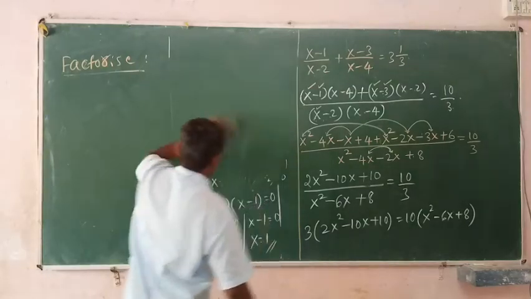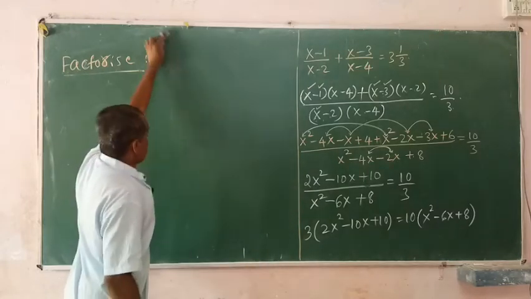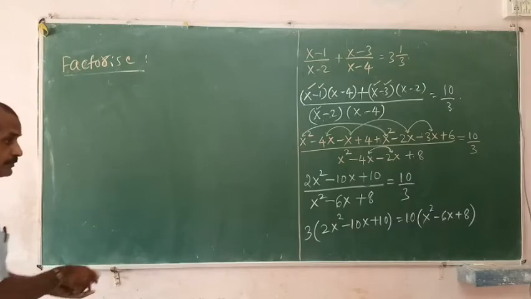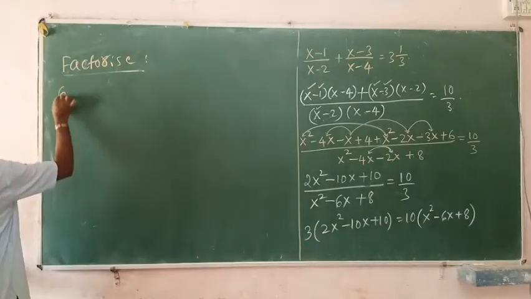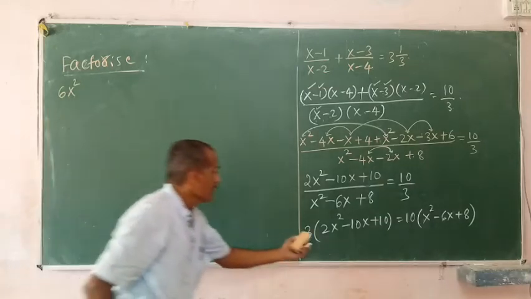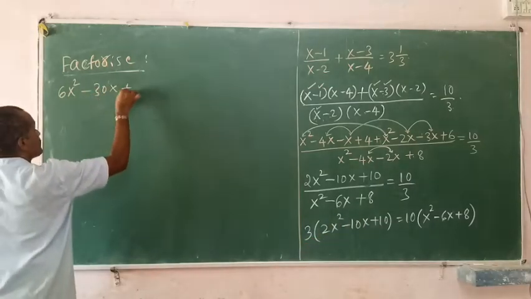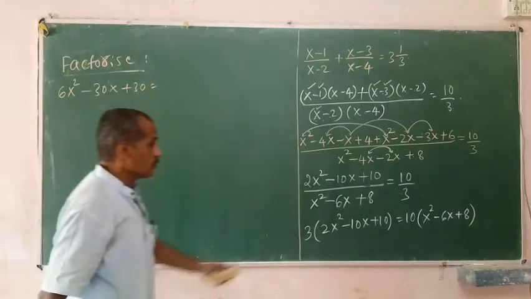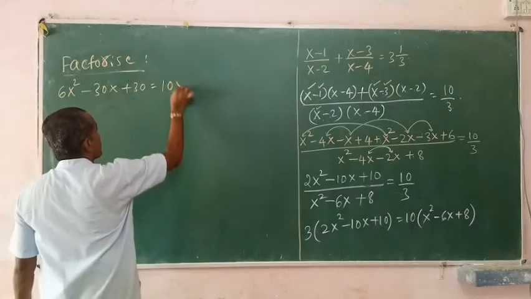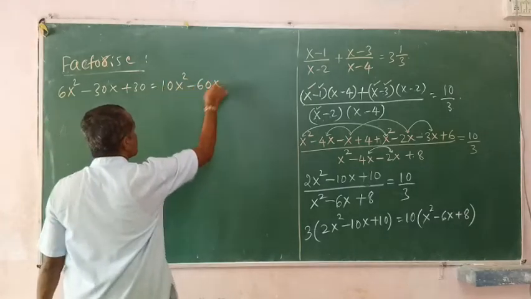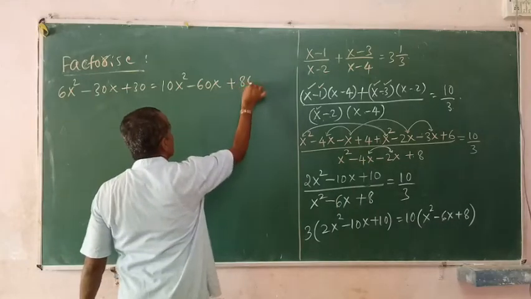Let me continue to multiply. 3 into 2x square is 6x square minus 30x plus 30 is equal to 10x square minus 60x, plus 80, since 10 eights are 80.